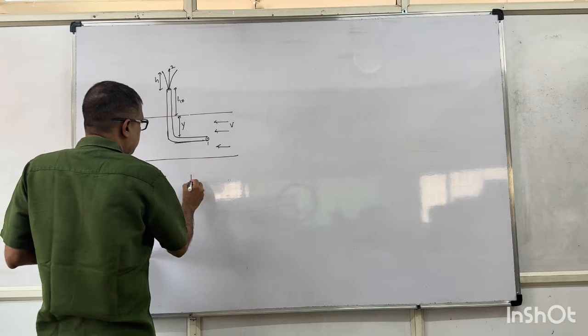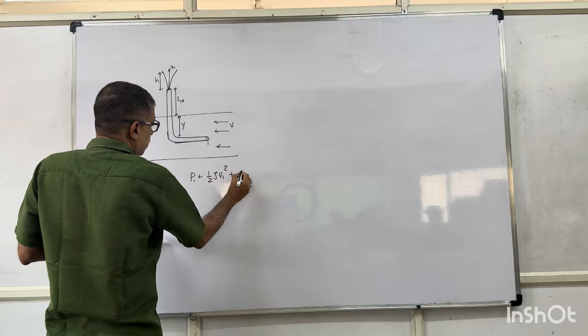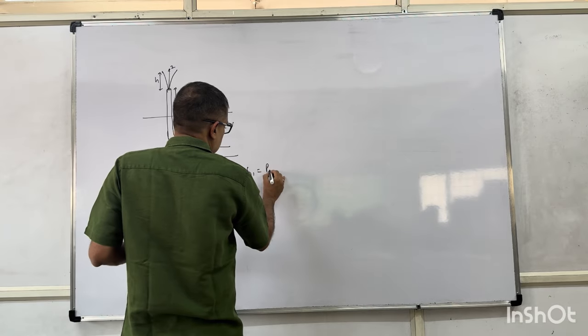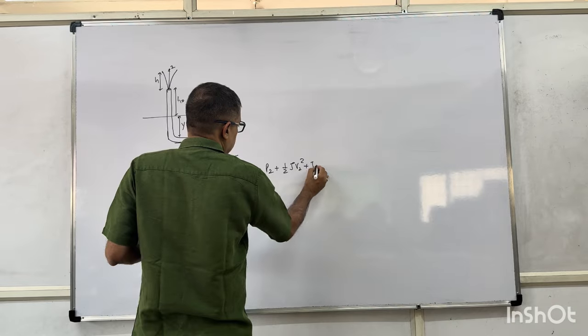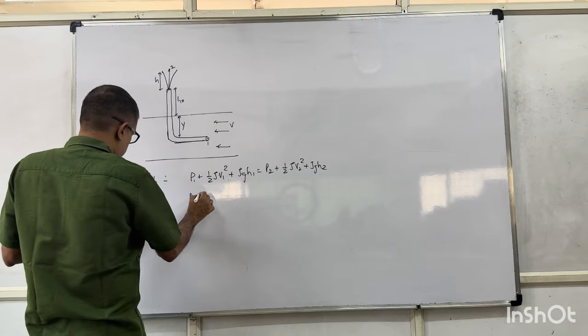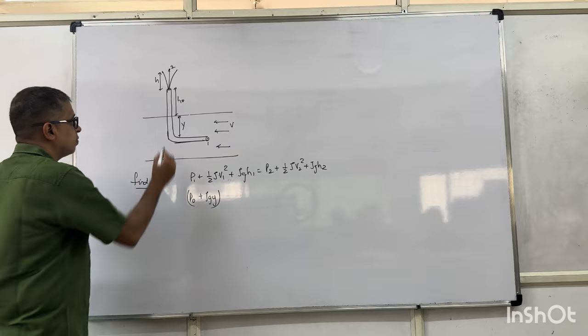So it is P1 plus half rho V1 square plus rho g h1 is equal to P2 plus half rho V2 square plus rho g h2. P1 is P0 plus rho g y. See if you are convinced.